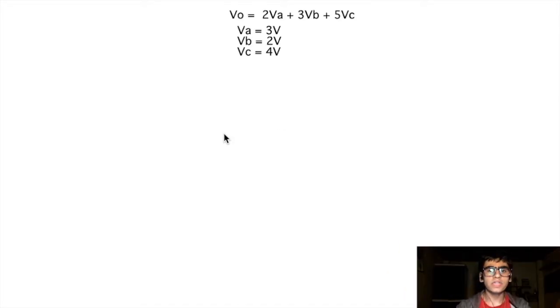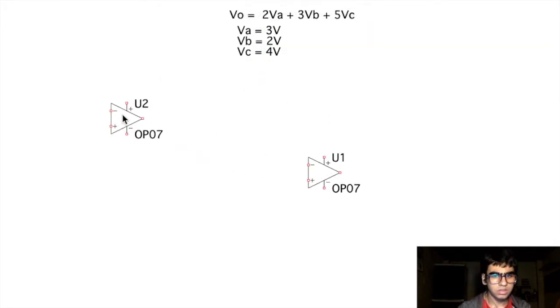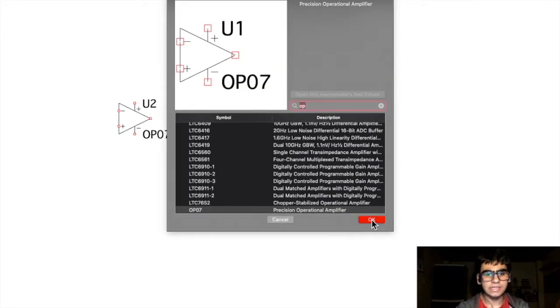Now to start with the actual linear equation solver circuit, we'll be considering this equation for the output voltage with these values for input voltages VA, VB and VC. First we'll place 2 op-amps. Then we'll place our resistors.